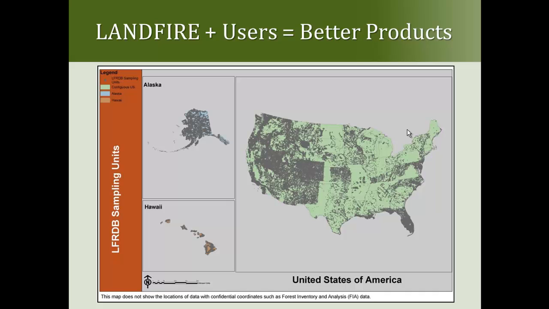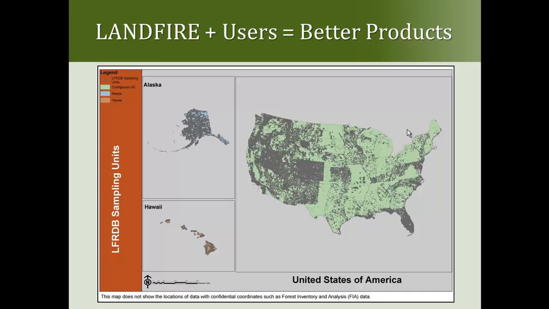I want to put in a plug for plot data. LANDFIRE existing vegetation type products, including the vegetation type, the height, and the cover, depends on plot data. So what happens is we get the Landsat data from year 2000.